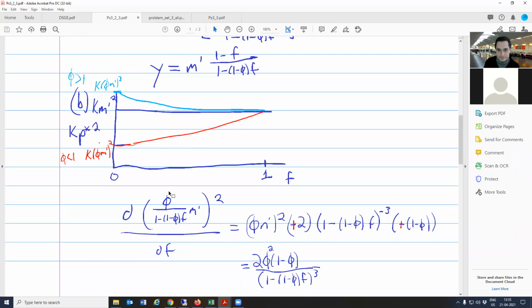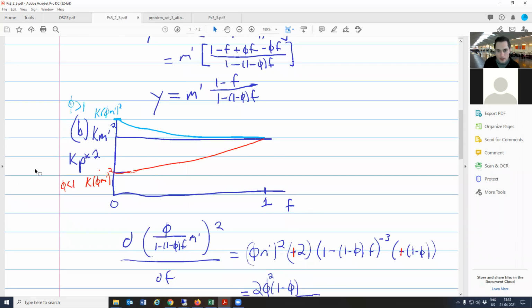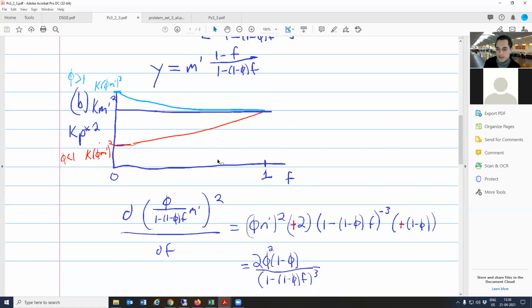Yeah, I think it does. Okay, so that's B. This is the plot, and it says that your incentive to change your price if F gets larger is increasing if phi is less than 1, and it's decreasing if phi is greater than 1. I had to think about some intuition there, but it's not forthcoming.